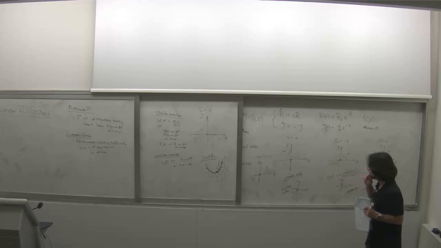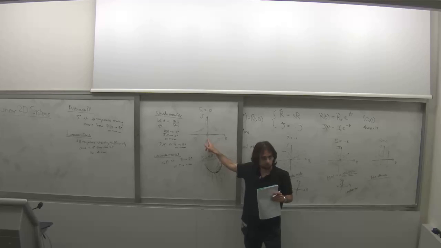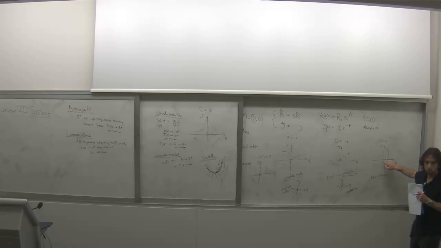Okay, so this is a Lyapunov stable point. This is not Lyapunov stable. These points are Lyapunov stable, like I mentioned earlier. If you are on a fixed point and you move sideways, you will stay there.